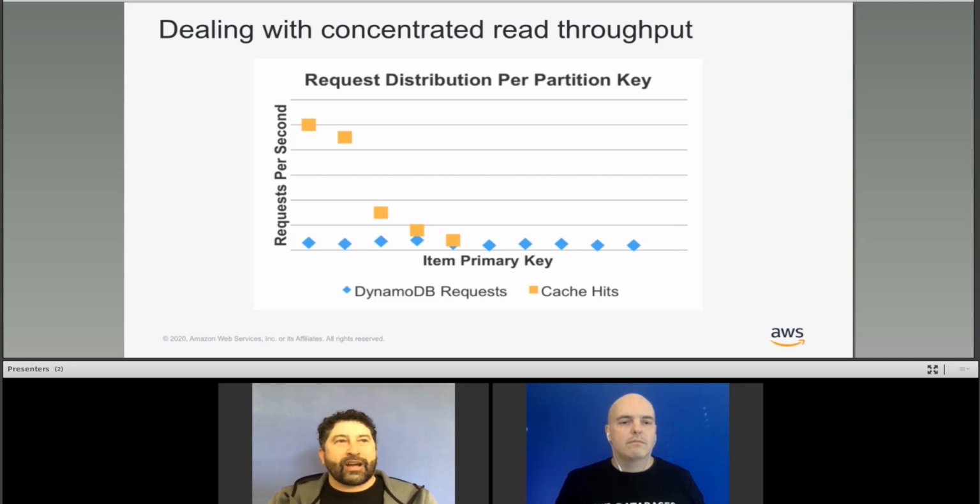Whatever we want to use for our caching scenario, what it's going to do is even out that distribution of traffic across our items in our table. It's going to vastly reduce the number of reads overall, and that's going to be excellent. It's going to probably save us some significant money. And it will also reduce the latency of that read, which is a great thing. So we're going to even out the distribution of traffic.